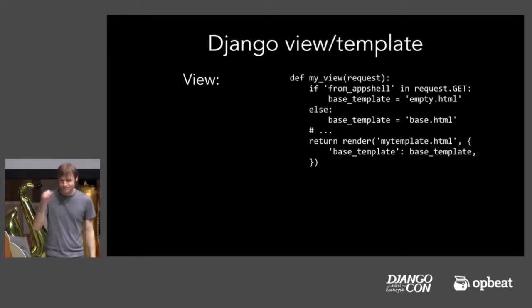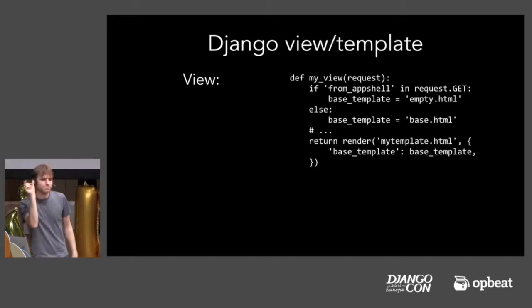On the Django side, I'll show you a little trick. I don't know how many of you know this, but you can actually make your parent template in the template language dynamic. It can be a variable. So in my fake view here, I check request.GET for this magic from app shell.